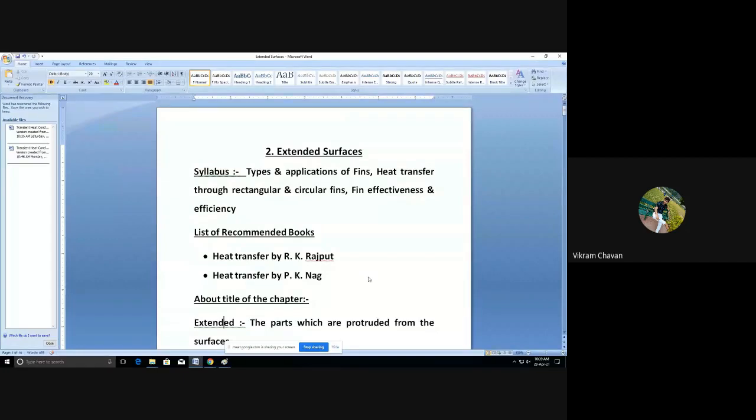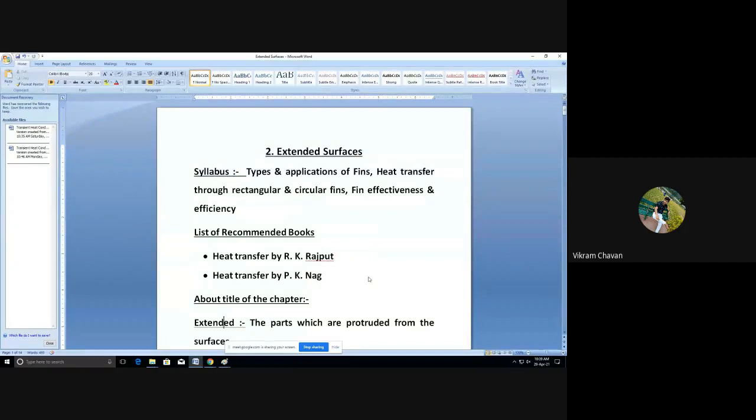First of all, give the heading as extended surfaces, and for more visibility of a screen, I suggest everyone you can rotate your mobile screen, and you can use the zoom feature also.